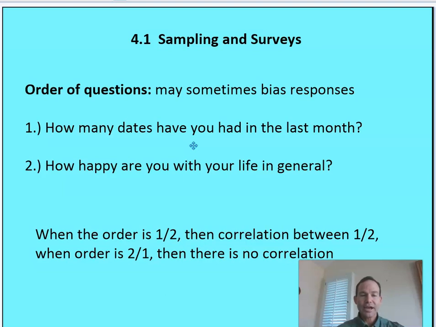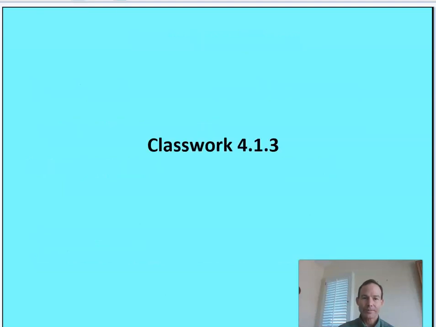So you can see that asking the first question first ends up biasing the second question. So you have to be careful about the order of the questions, and sometimes you want to randomize the order to eliminate that bias, or at least consider the type of questions and then order them appropriately so that you're not eliciting some type of unnecessary response.